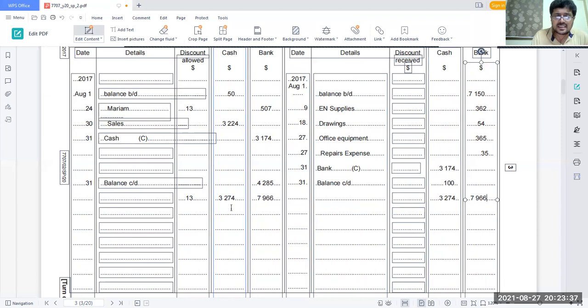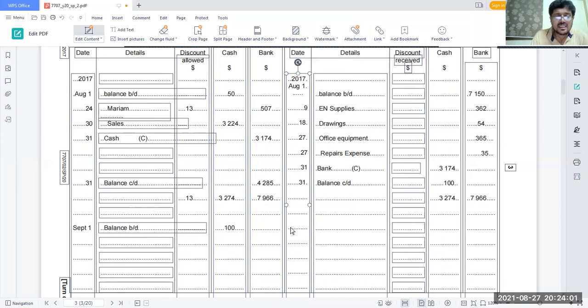Now, this is the responsibility of a student to bring down the balance on September 1st. Balance brought down should be recorded on September 1. We know in cash we have already. Okay.